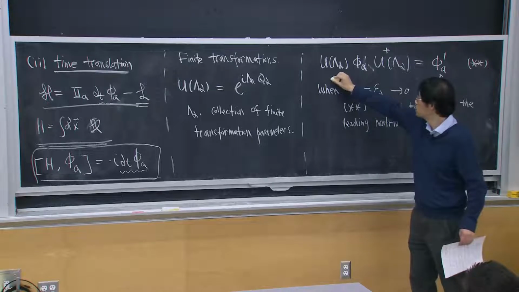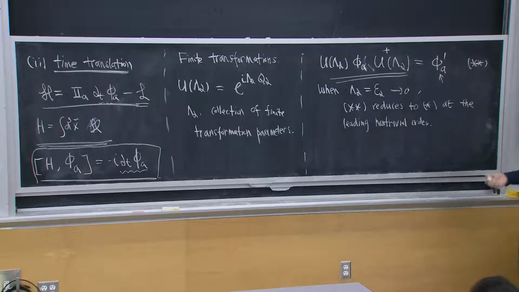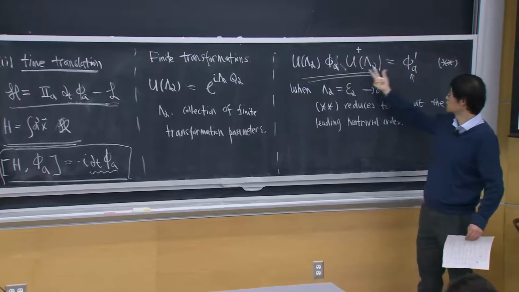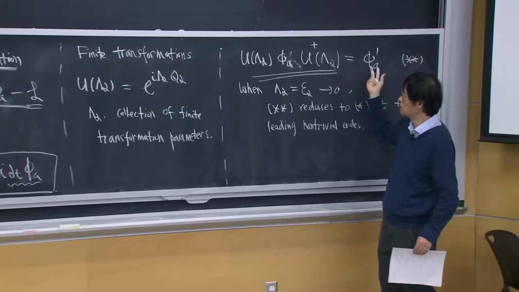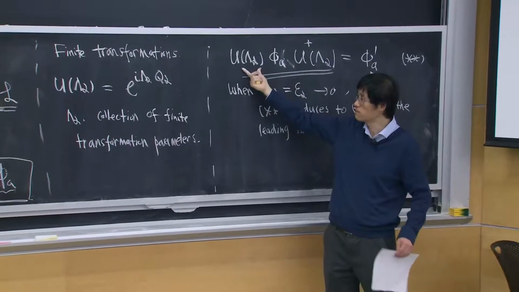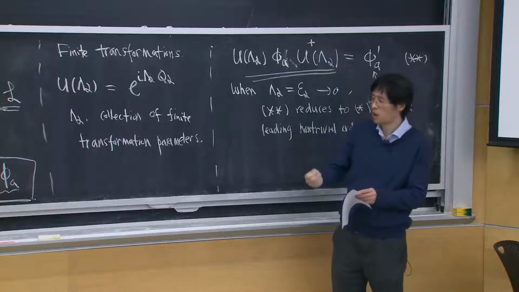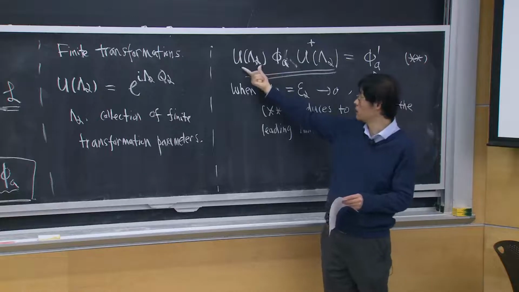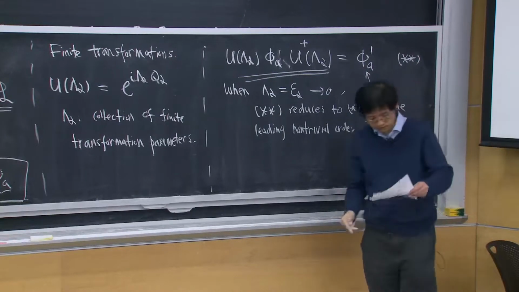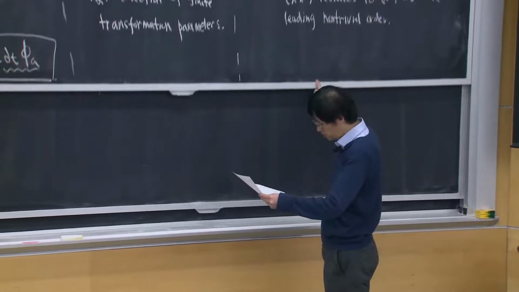This can be done in general. The reason this is true, without even doing any calculation, is you can imagine building this finite transformation U by an infinite number of infinitesimal transformations. When you build them up, you will just generate the finite transformation. So you already worked out the example in your P set.